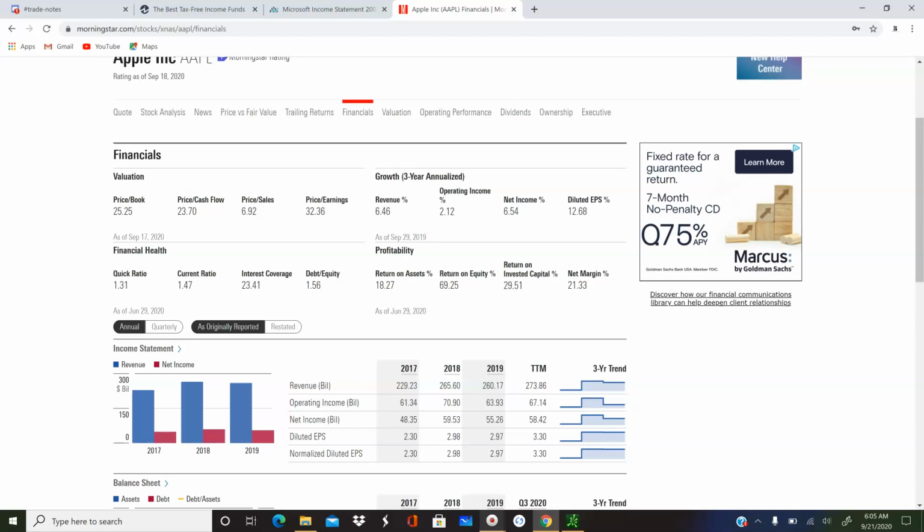Yeah, so earnings before interest and after taxes, so EBIAT, instead of the EBIT, which is the general formula.